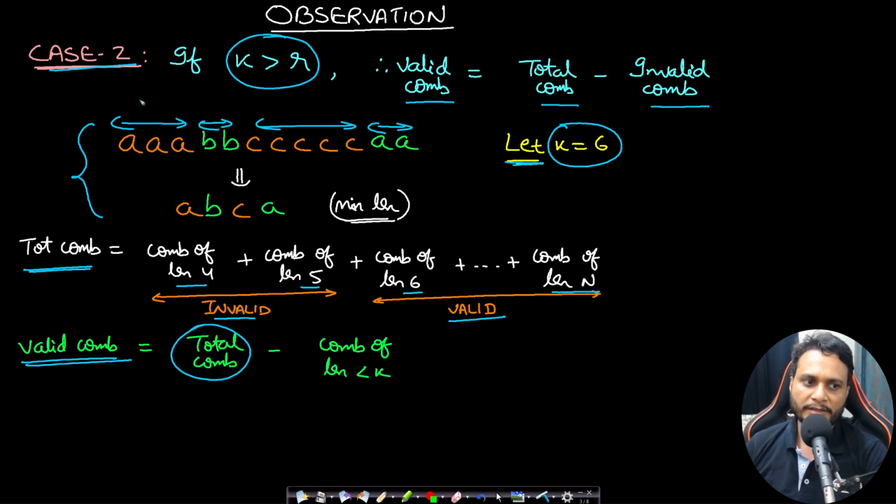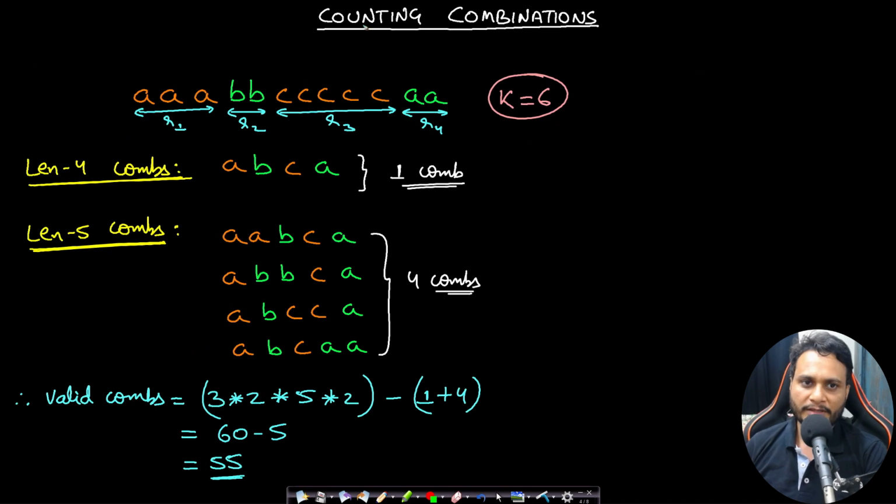You know that already. Okay, 3 times 2 times 5 times 2. This will be total combinations where each run's character is included at least one time, which leads to minimum length string or more, subtracted with all the combinations with length less than the given k value, right? So these are the only 2 cases. There will be no other case.